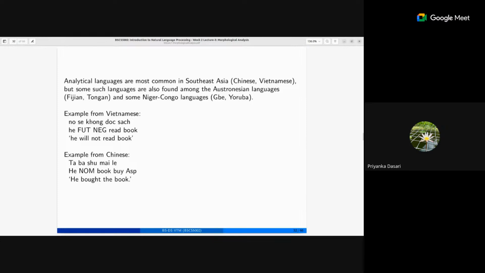So in Vietnamese, future tense and negation are separate words. But when it comes to agglutinative languages, it is glued. Let's say, what is your language? If it is a Dravidian language, all these future tense and gender, number, person are glued to the root base of the verb.